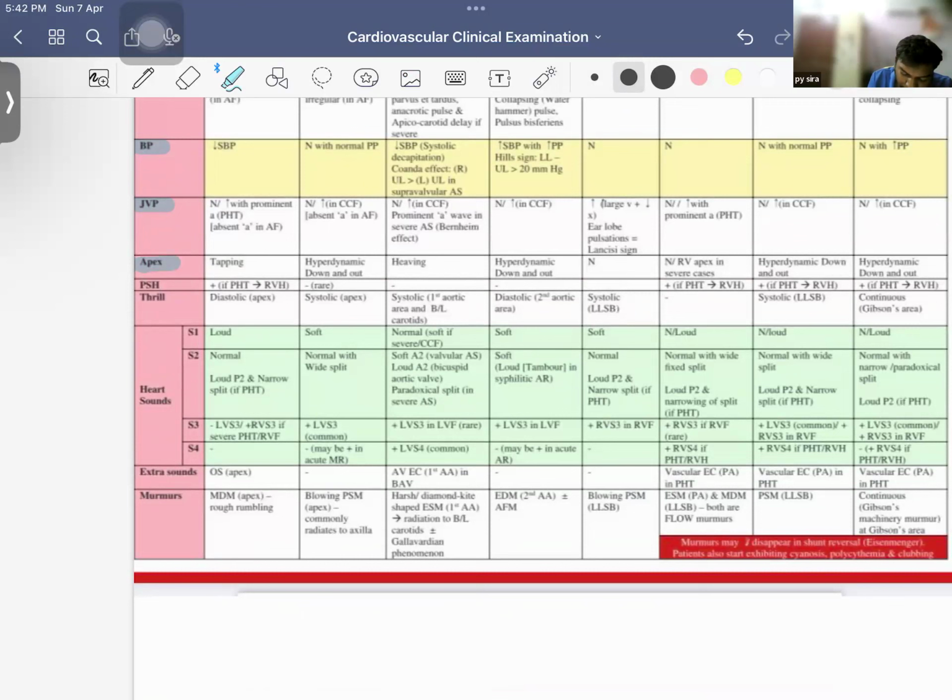Then you're going to check whether a parasternal heave is there or not, thrill, heart sounds, any extra sounds, murmurs. These are the very, very important things you have to consider.